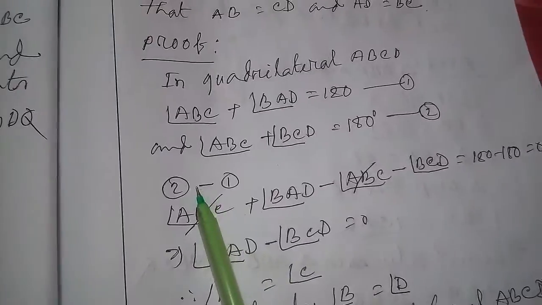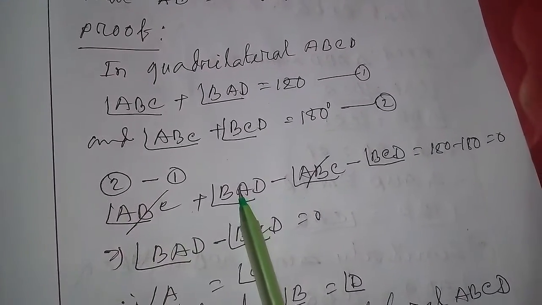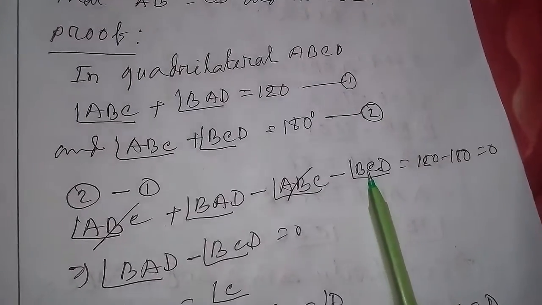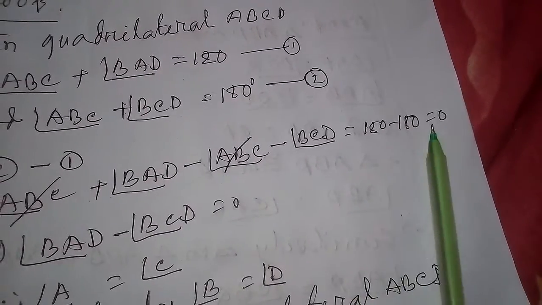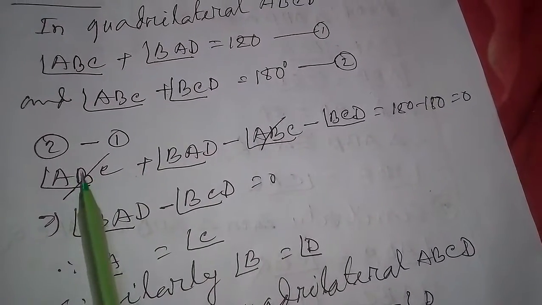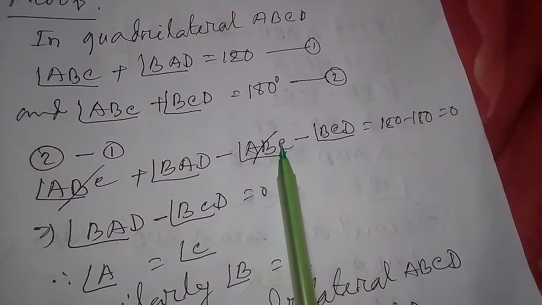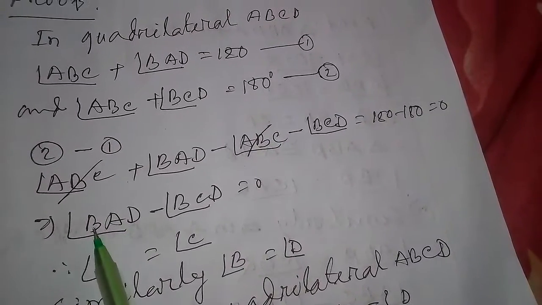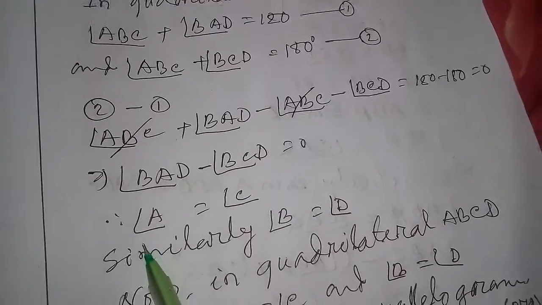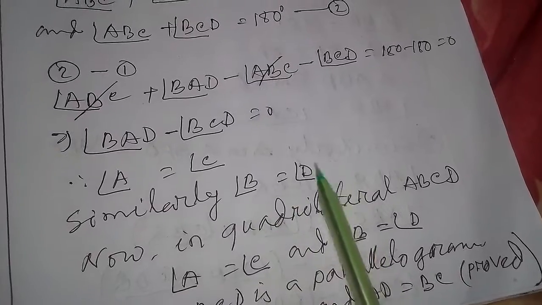Subtracting equation 2 from equation 1, we get angle ABC plus angle BAD minus angle ABC minus angle BCD equals 180 minus 180 equals 0. Cutting angle ABC minus angle ABC, we get angle BAD minus angle BCD equals 0. So angle A equals angle C. Similarly, angle B equals angle D.